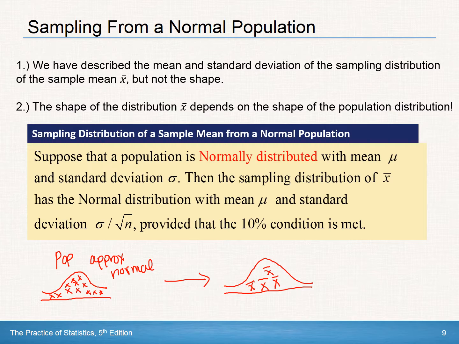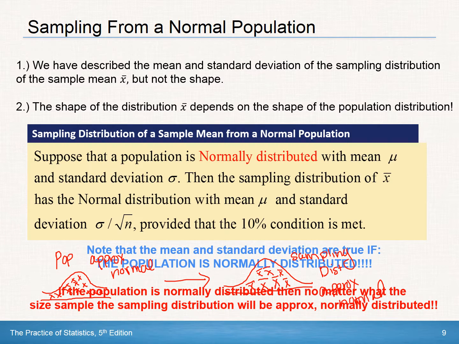So I take a sample of 100 students, ask the mean number of movies. Another sample of students, ask the mean number of movies. The sampling distribution will also be approximately normal. Okay, so that's really all that's saying.